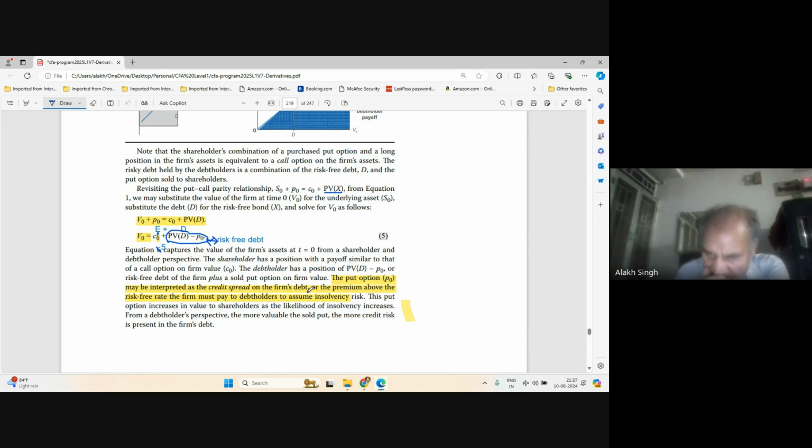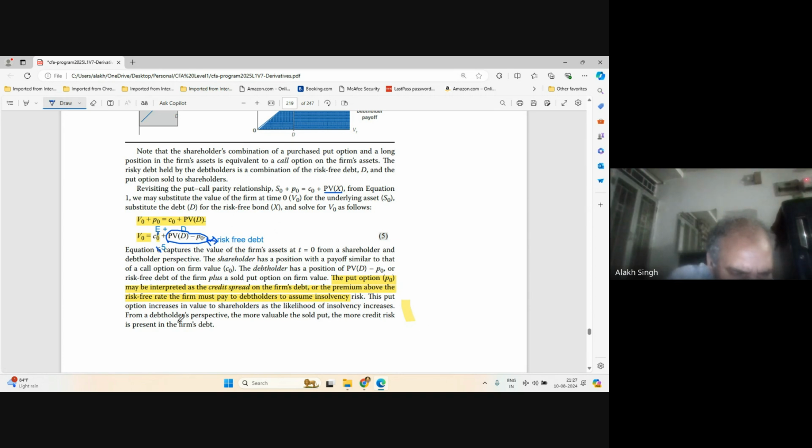That becomes the risk-free rate, and above that becomes the credit risk: credit risk and liquidity risk, both. So the credit spread on the firm's debt is the premium above the risk-free rate the firm must pay to debt holders to assume insolvency risk.